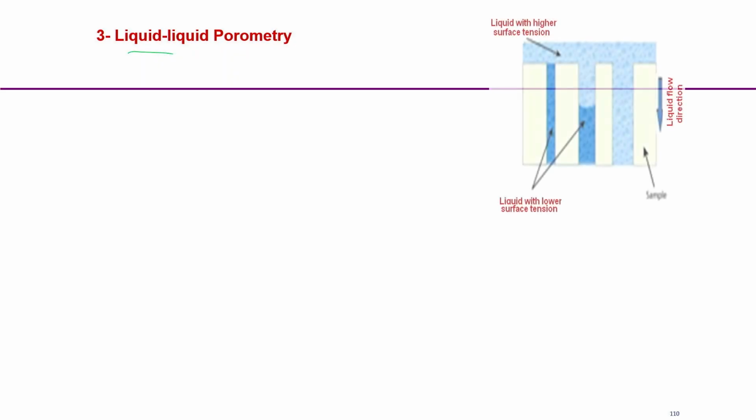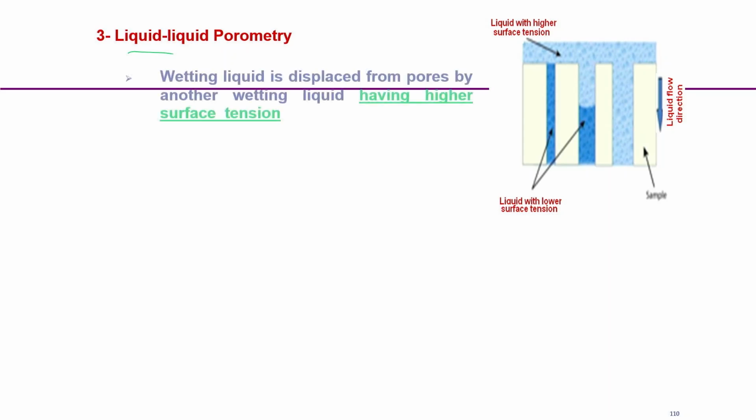And the third system, which is very widely used in textile, in nonwoven fibers and fibrous materials pore measurement, is liquid porometry. Here a wetting liquid is displaced from pores by another liquid having higher surface tension.